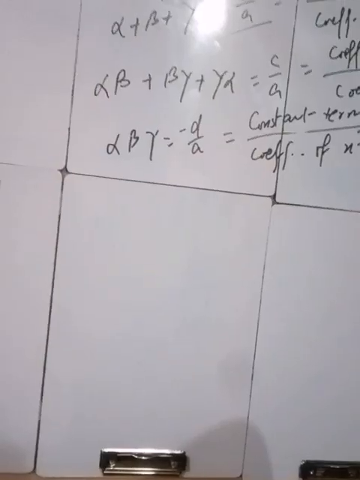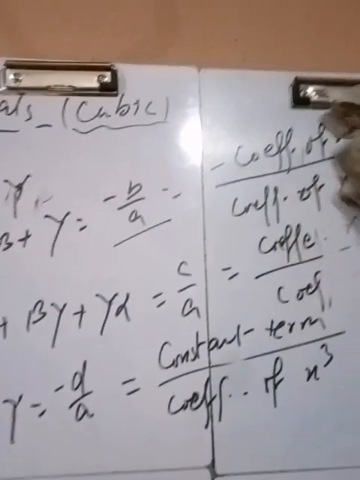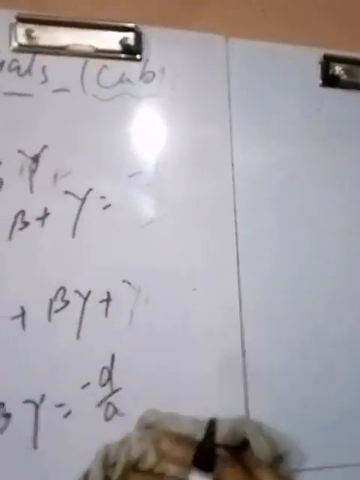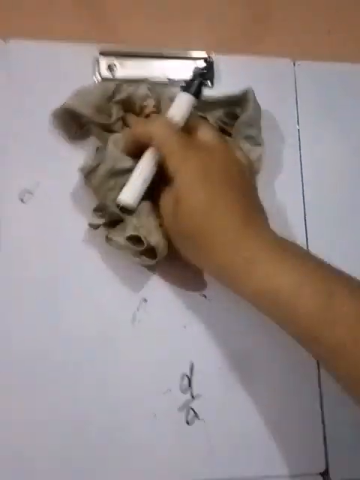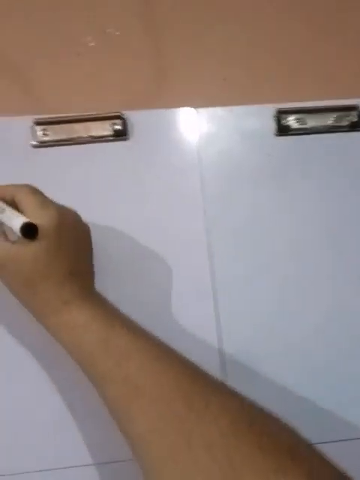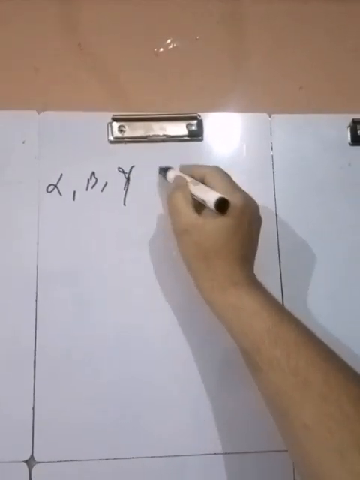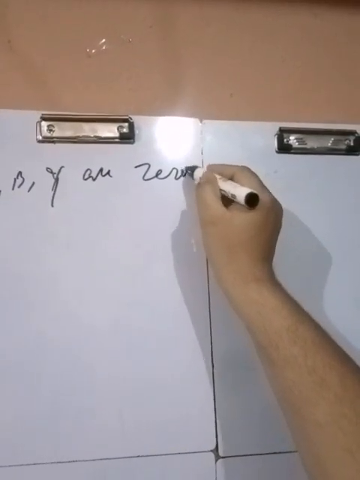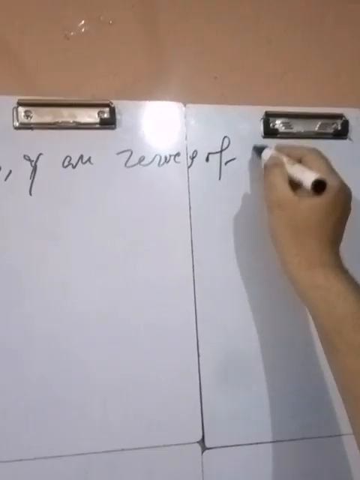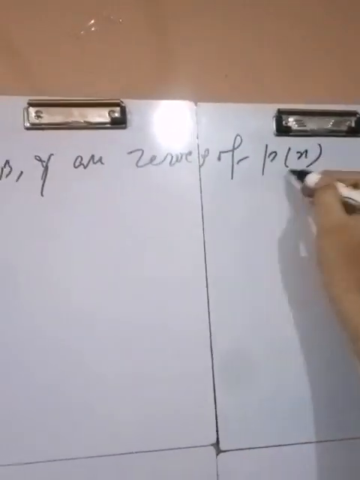Next we will go for some more questions. Also we will understand one more formula. If alpha, beta and gamma are given as zeros of p(x), then find the polynomial p(x).